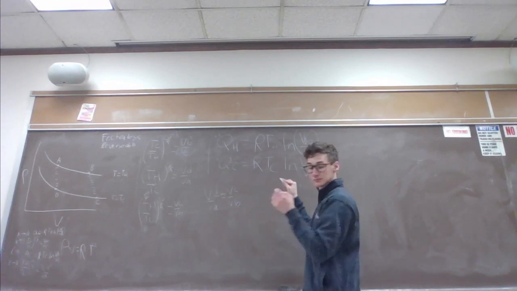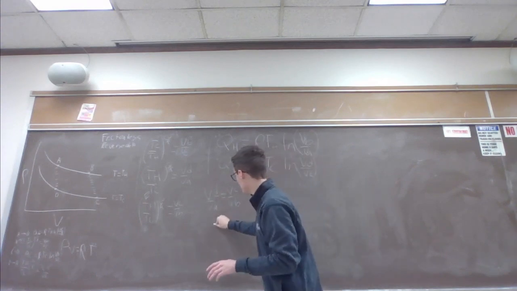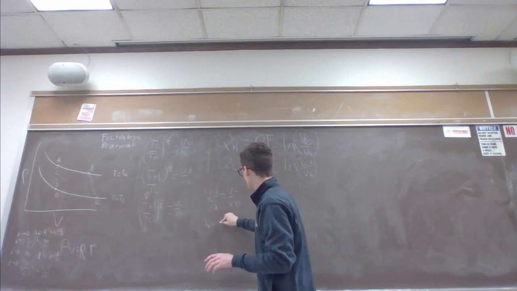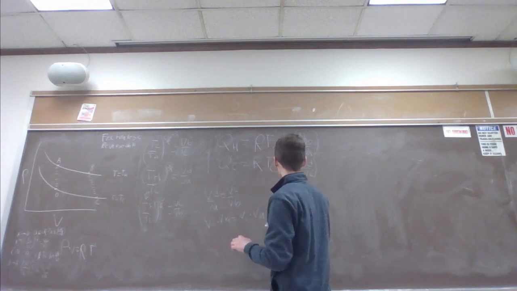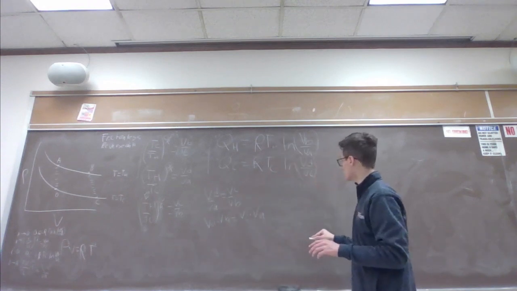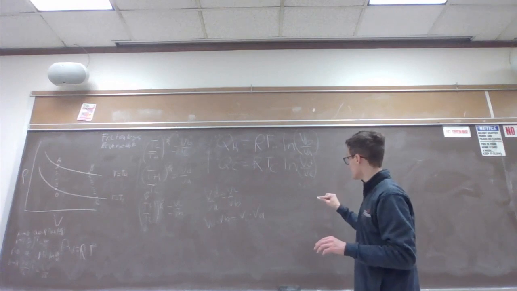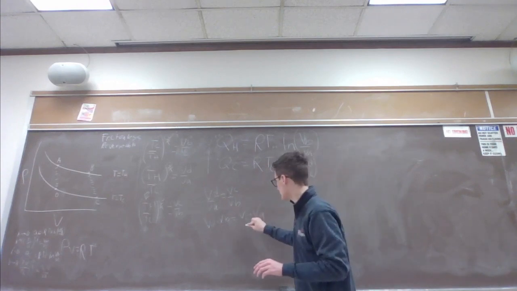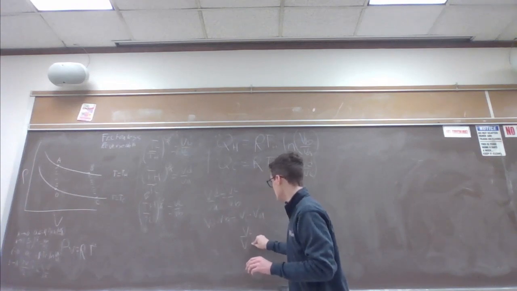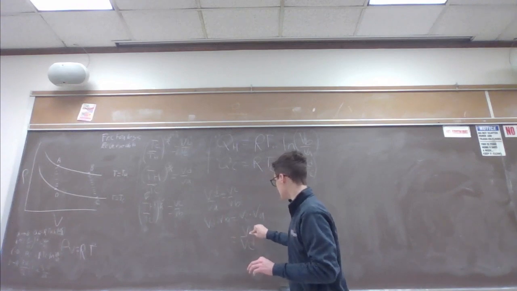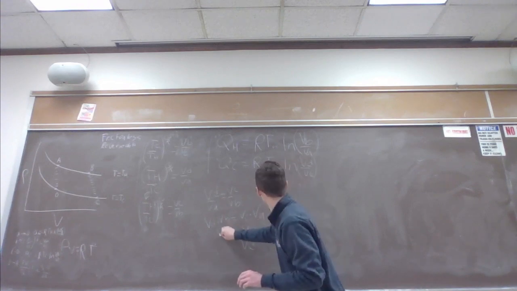Voila. This is huge, because from here we can do VD times VB equals VC times VA. And what we want to do is we want to get VC over VD. So if we do VC over VD, it ends up equaling VB over VA.